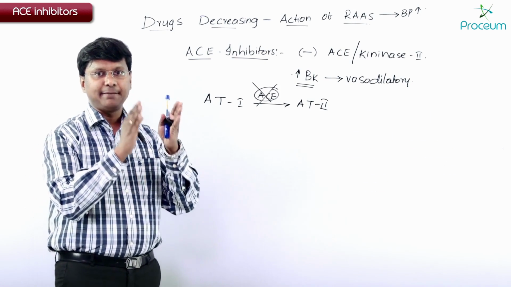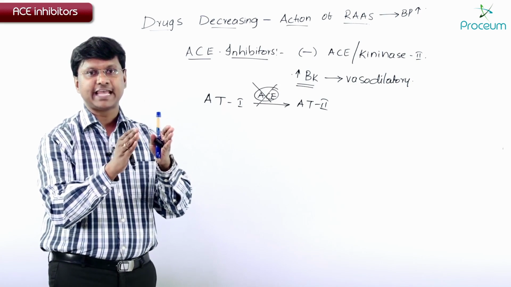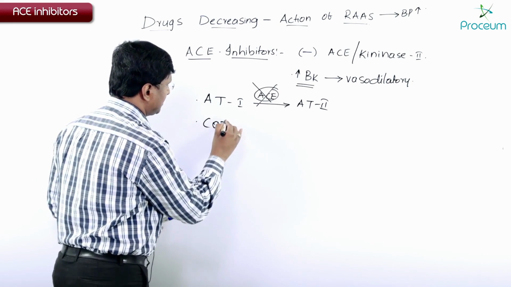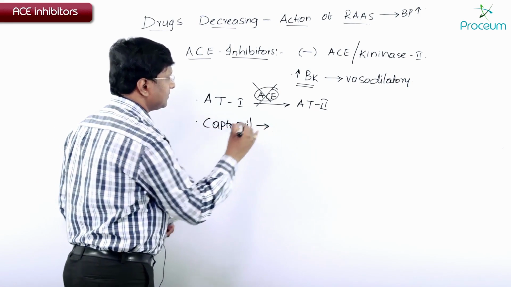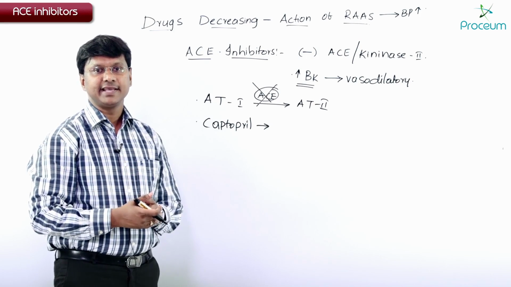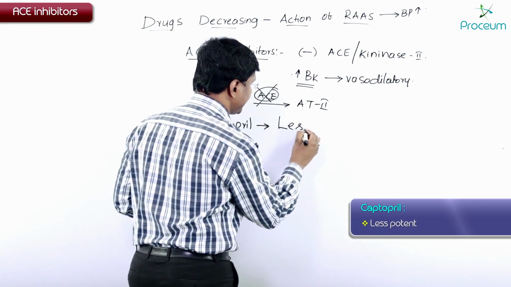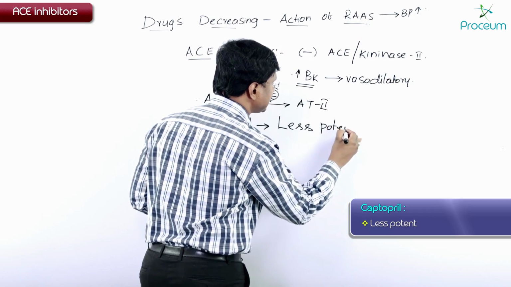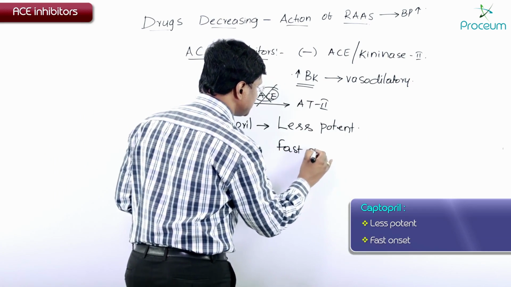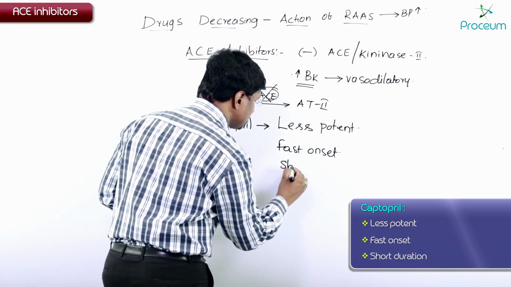Now let me tell you the important differences between captopril and the other ACE inhibitors. Captopril is a less potent ACE inhibitor compared to all other ACE inhibitors. Captopril has a fast onset of action compared to other ACE inhibitors, and it has a short duration of action.